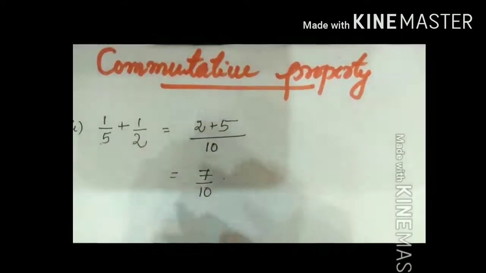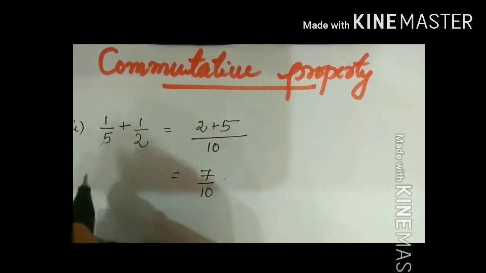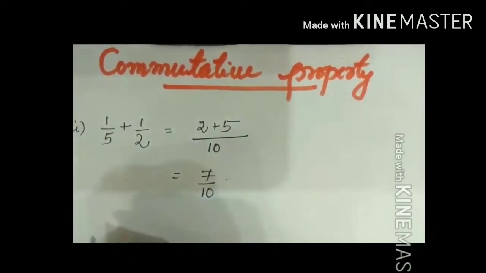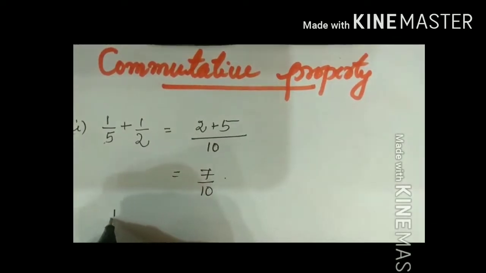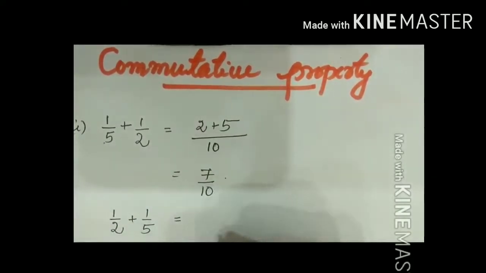So I'm going to take the rational numbers, changing the order. First, it was 1 by 5 plus 1 by 2. Now I'm going to change the order. So I'm going to take the sum of 1 by 2 and 1 by 5. Let's see here. What is the LCM? The LCM of the denominators is 10.